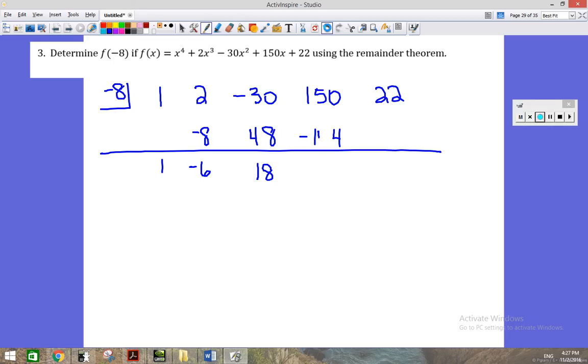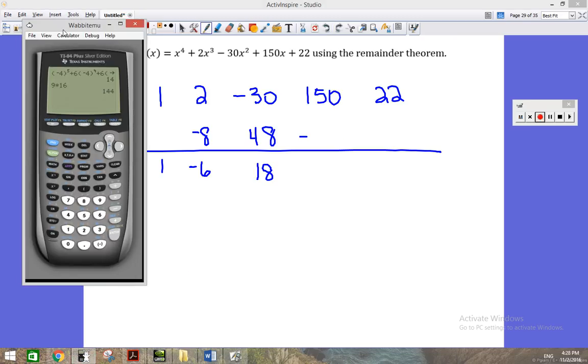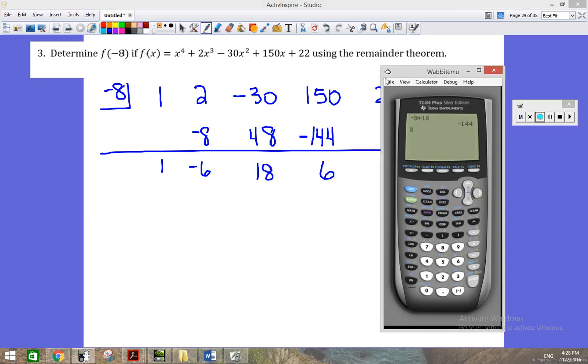I better check. For a math teacher, I am terrible at mental arithmetic. Yeah, -144. I just, for some reason, didn't recognize that.